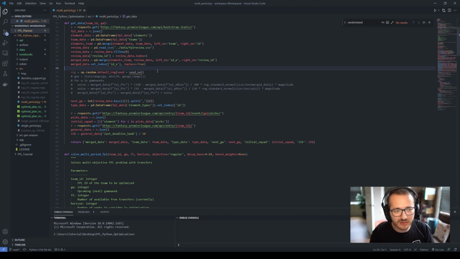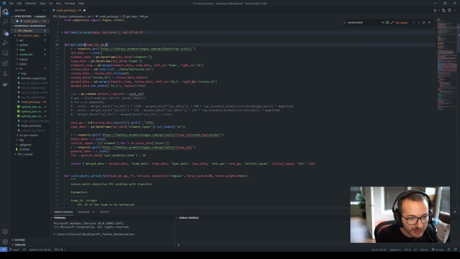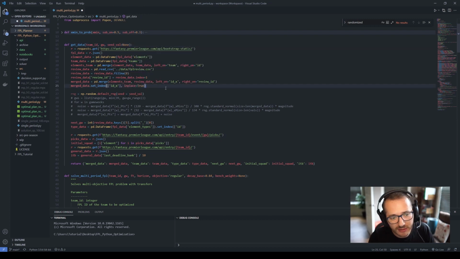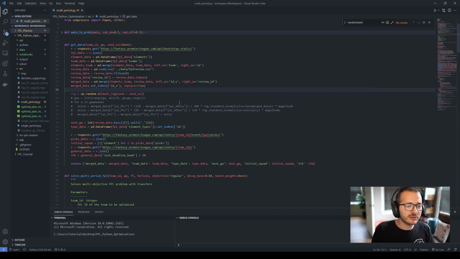This is obviously not required if you don't pass any value for seed. I will say this seed value is equal to None. If it is None, it will just generate a true random sample for you. But if you are interested in a specific random seed and that specific scenario, it might make sense to give a seed number to the function so you can repeat the experiment using the same noise.